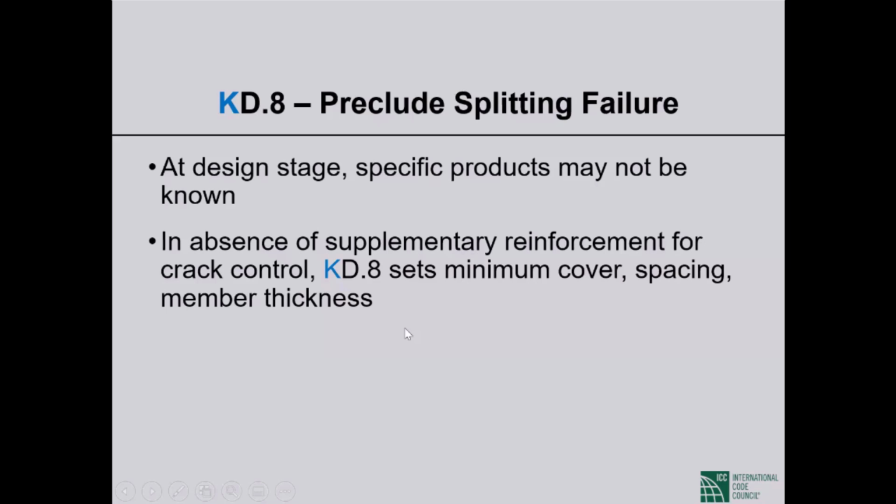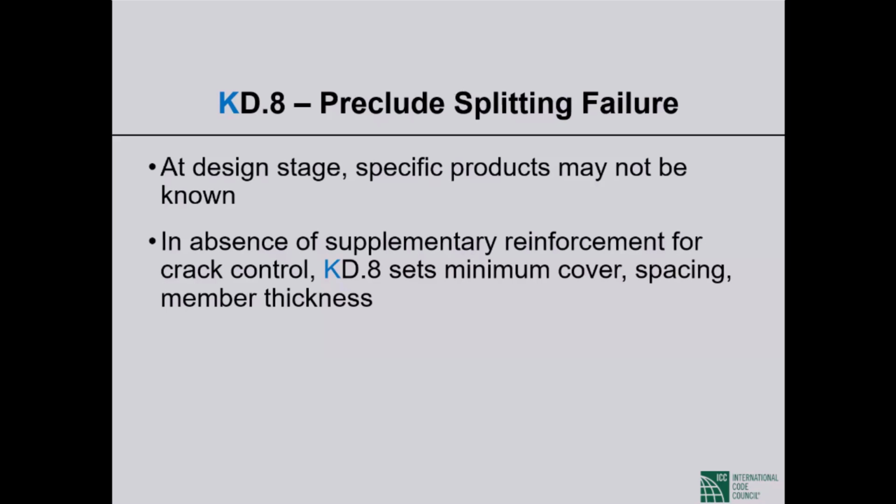In other words, ACI 318 Appendix K puts limitations on cover, spacing, and thickness in order to preclude splitting failure. So splitting failure is simply not allowed to take place.